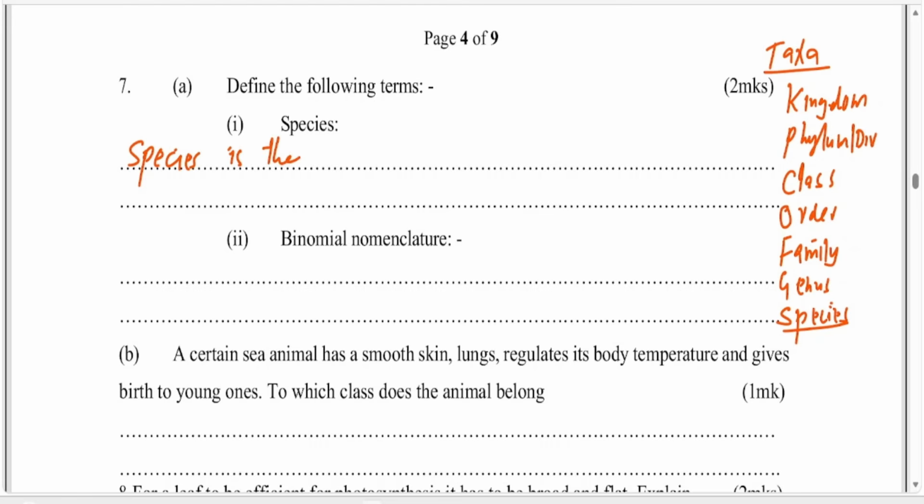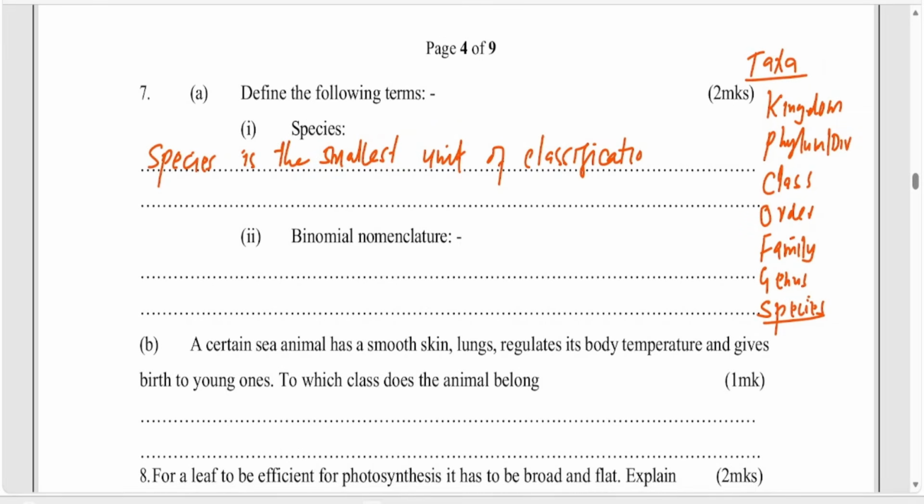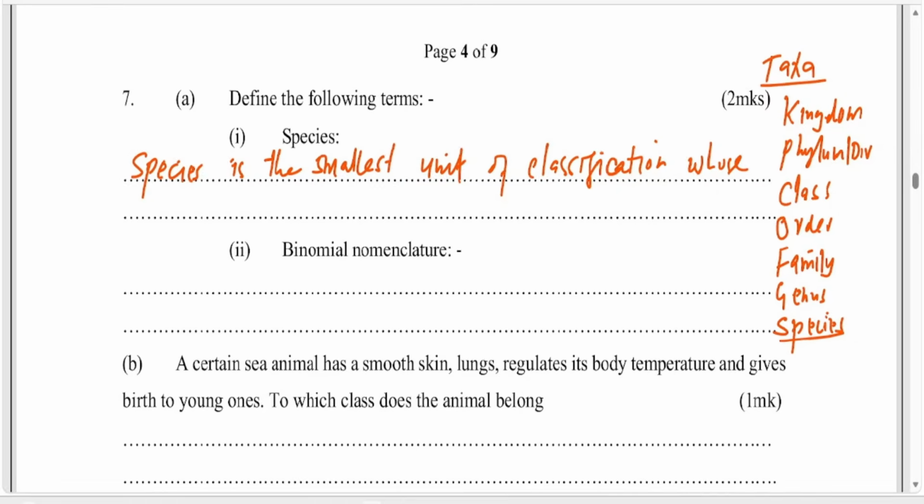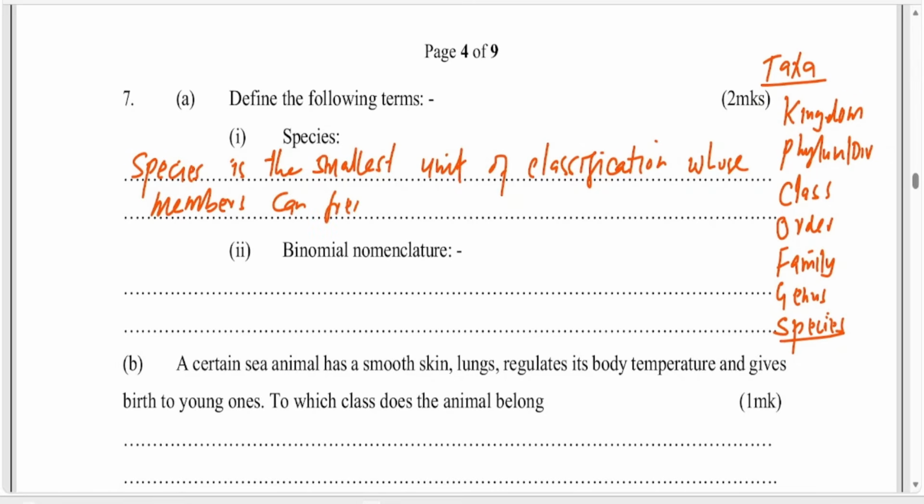Species is the smallest unit of classification whose members can freely or naturally interbreed to produce fertile offspring, or to produce viable offspring.